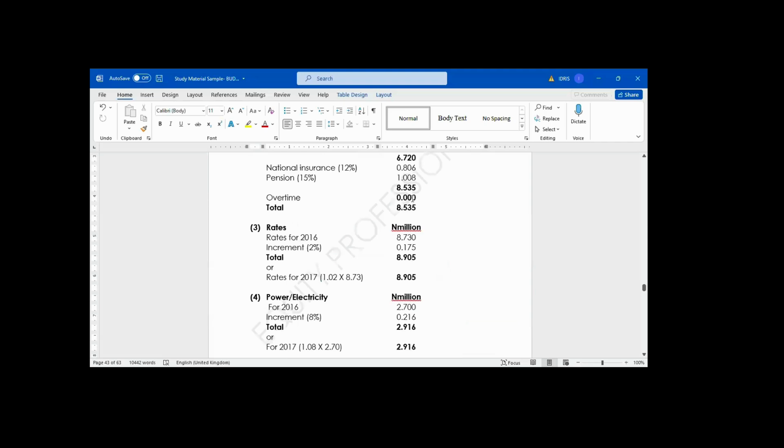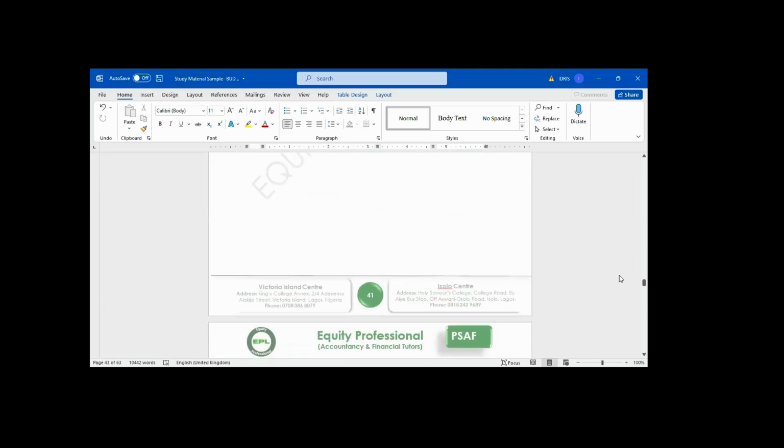That means your total wages is going to be 8.535. That is your wages. So let's go to the solution.